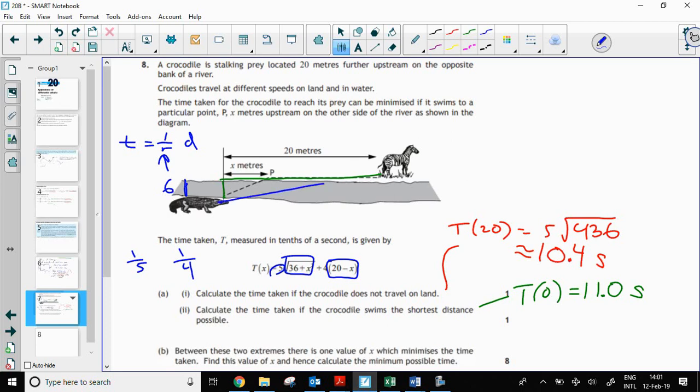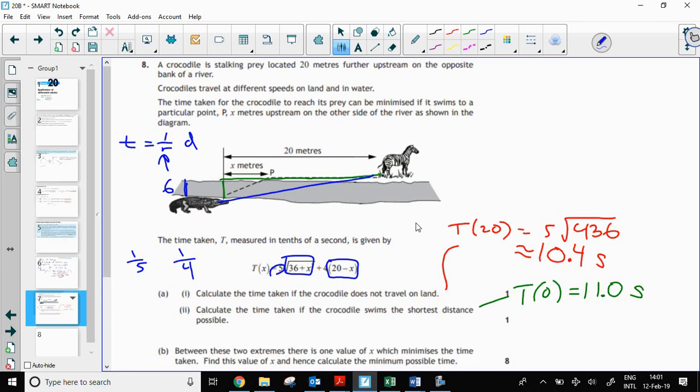We know this is clearly the shortest distance, but it's faster on land than it is in the water. So that's where the optimization problem comes from. That's why we have a problem here at all. Obviously, if it was a faster swimmer than a runner, then it would just swim directly to the zebra. There'd be nothing special about this.